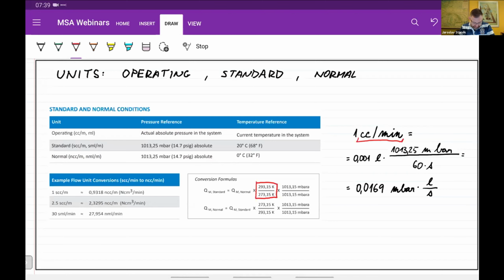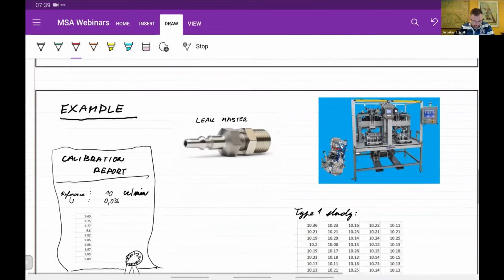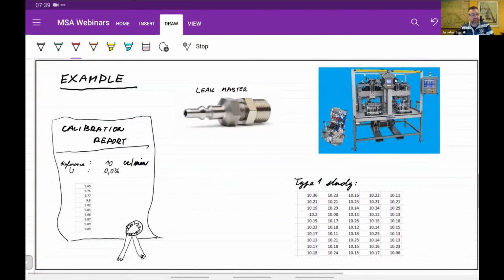And now the example. As I've said, there are several usual ways of measuring leakage. And the most frequent one is actually measuring the flow, measuring the escape of the liquid or gas, mostly gas actually.